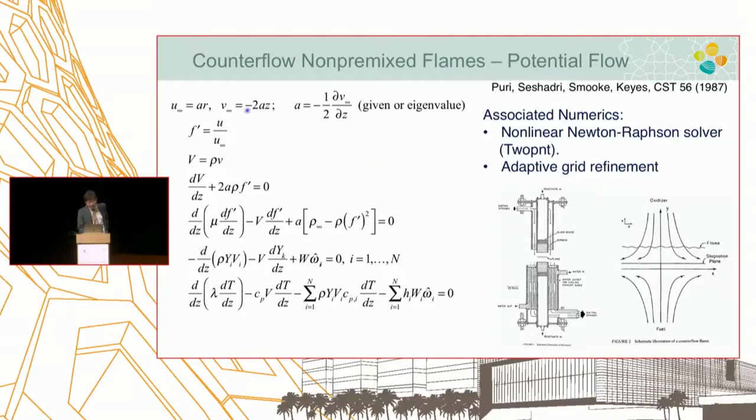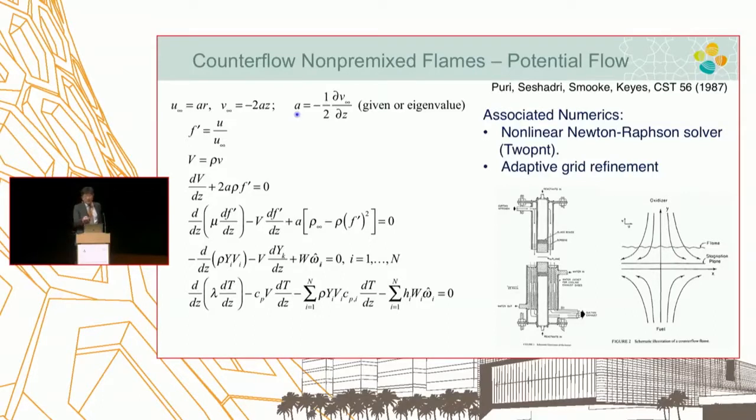for which the velocity field is well described by this formula, where A is a constant, a strain rate parameter. So one advantage of that is you can prescribe the exact strain rate before you start computation. The downside of it is you can't construct it in the lab.